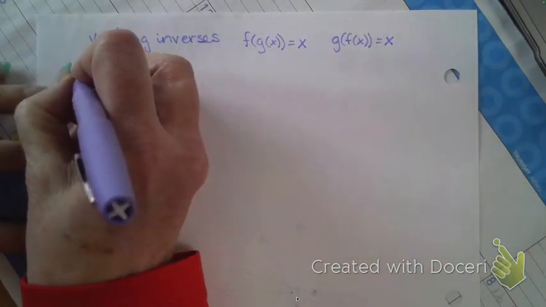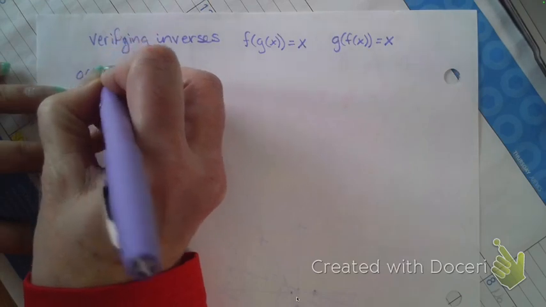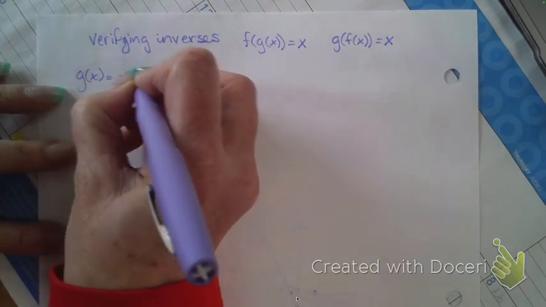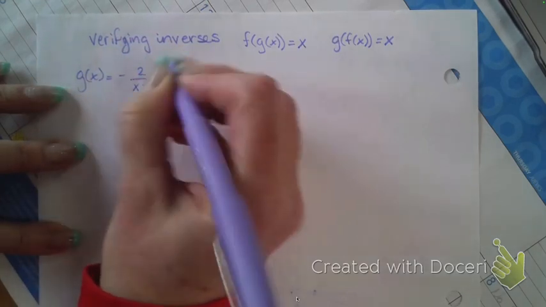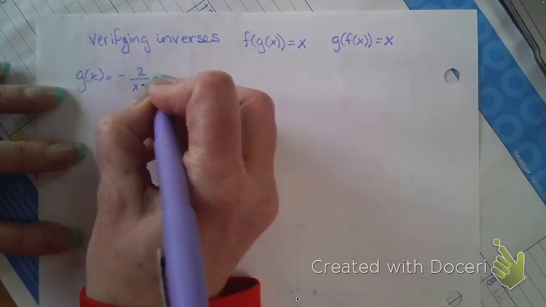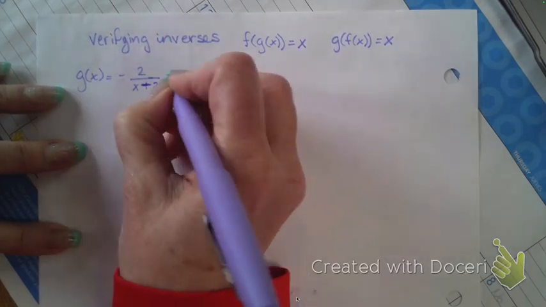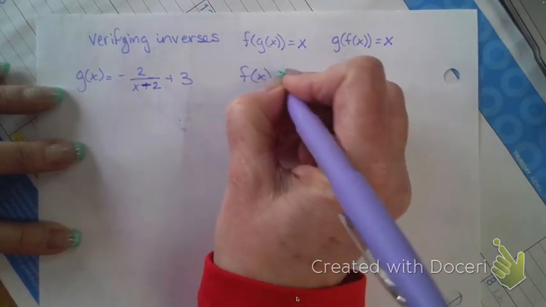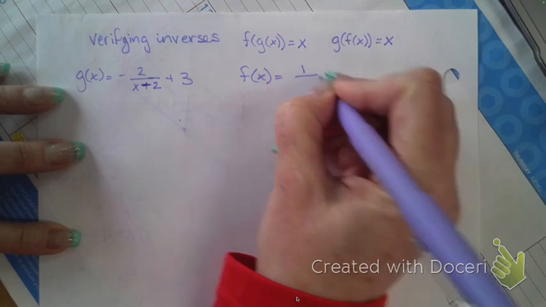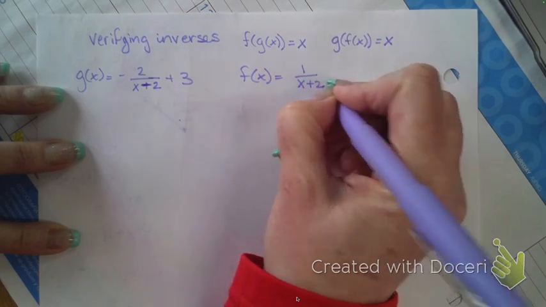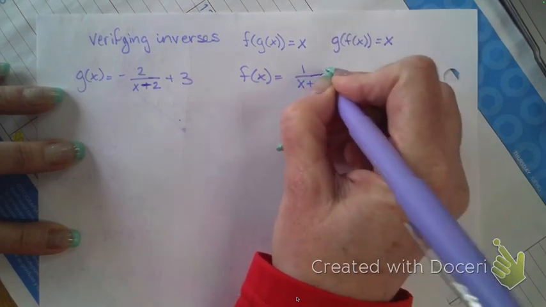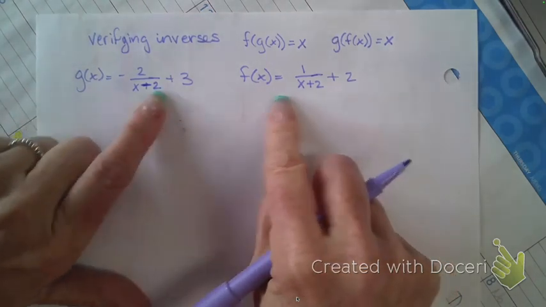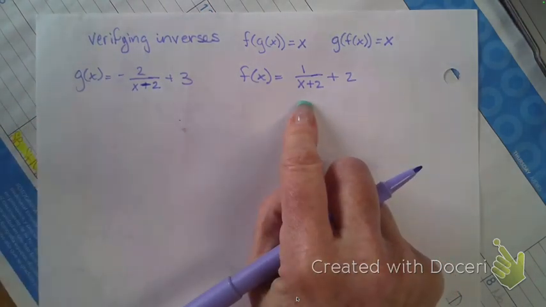So on number 1 there, we've got g of x equals negative 2 over x plus, minus 2 plus 3. And f of x equals 1 over x plus 2 plus 2. Now, if these are going to reduce down to x, will they fall apart pretty quick?